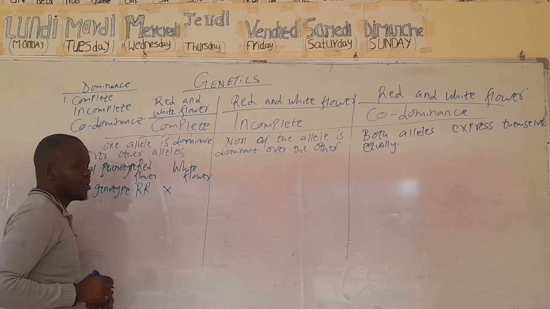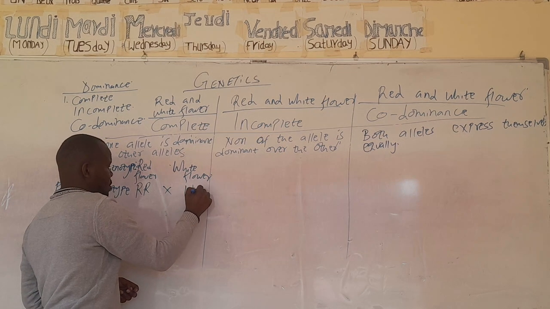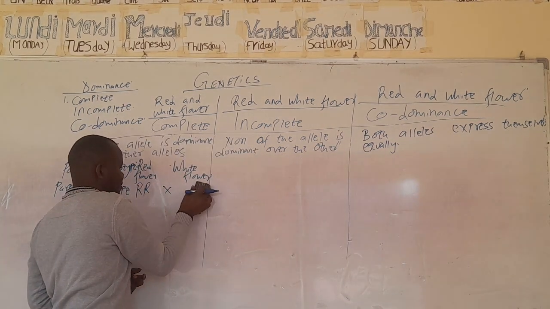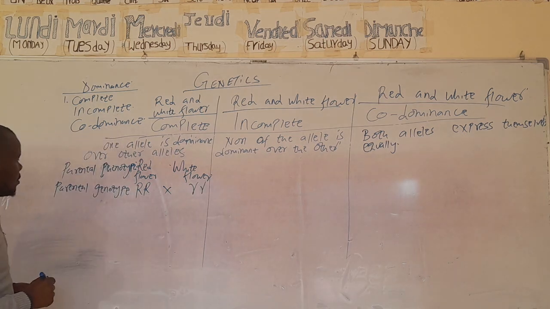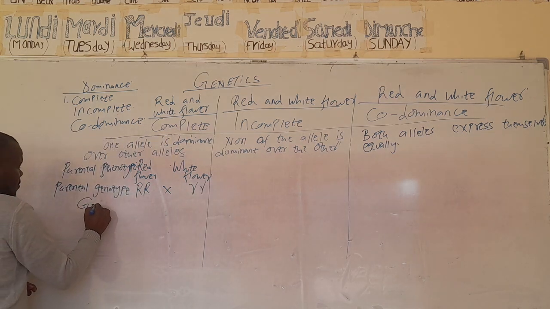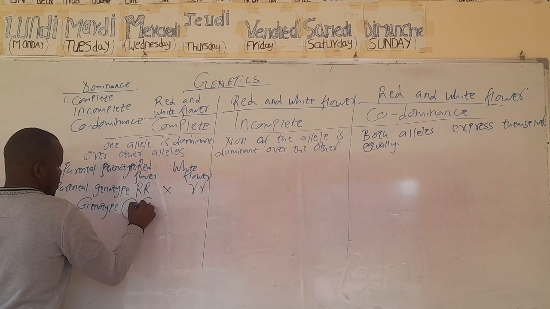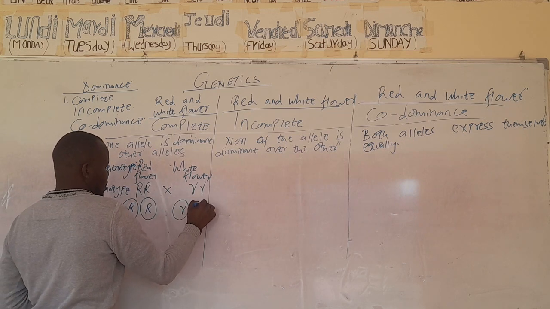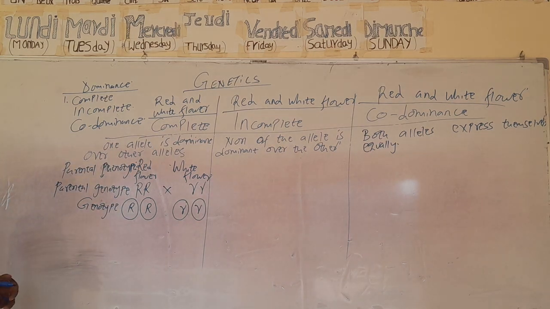Then you have the genetic cross. Let's use a Punnett square. We use capital R to represent red and small r to represent white. The genotype will be R, another R, then small r and small r. Those are the gametes.